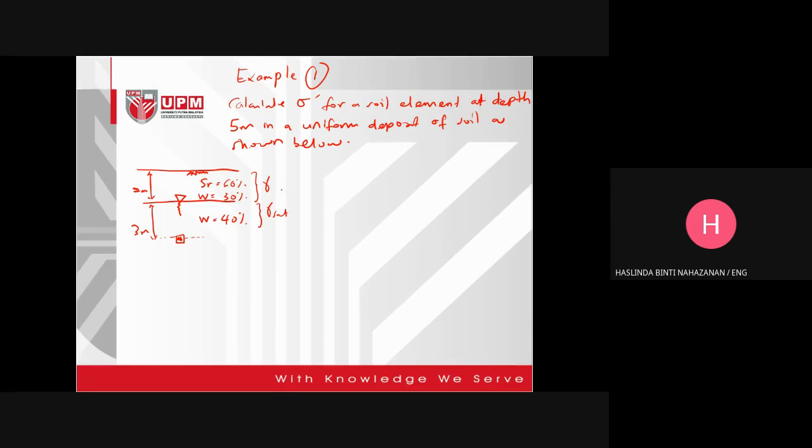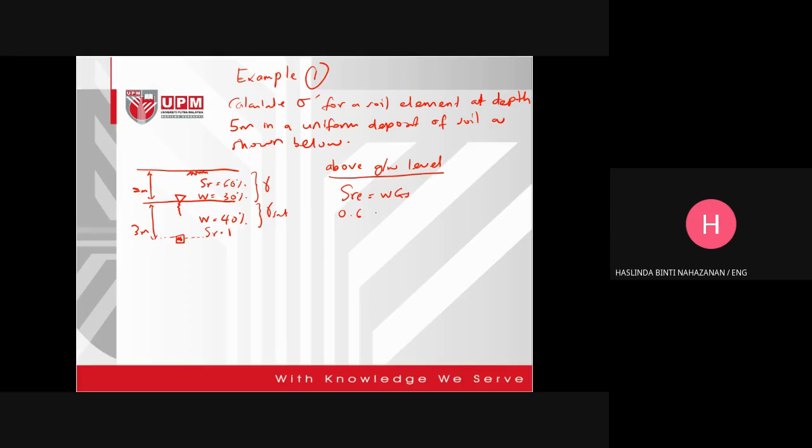Above the water table, it is just unit weight, and below the groundwater table, it is saturated. So we can consider that SR equals 1 or 100% because it is saturated. Above groundwater level, from the information given, S_R e equals w G_s.